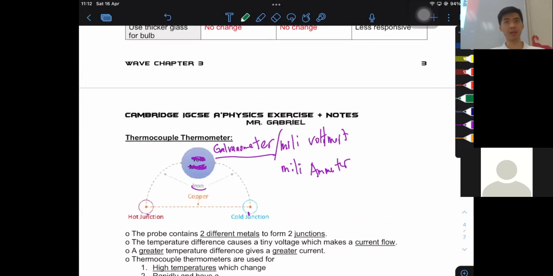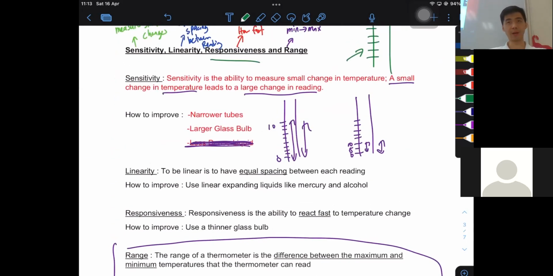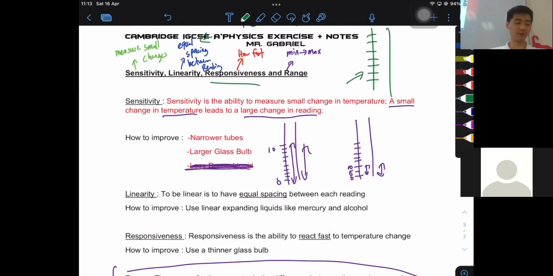I think I mentioned this last week, right? A thermocouple is essentially a thermometer on steroids. You can measure a super large range, and you get super fast responsiveness, because thermocouples use metal to measure the temperature difference, instead of thermometers, which use liquid expansion to measure temperature difference.